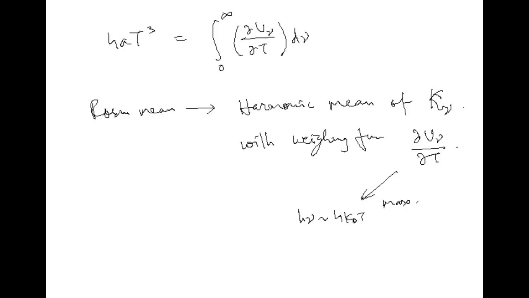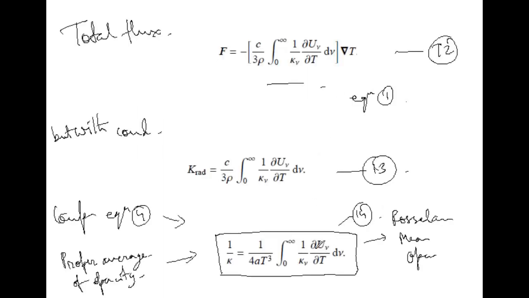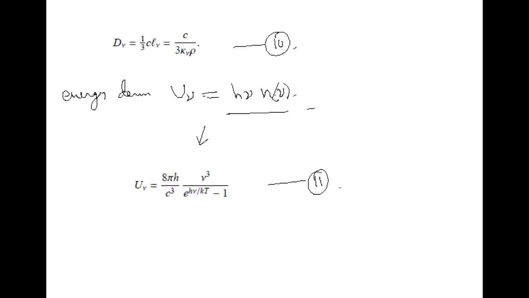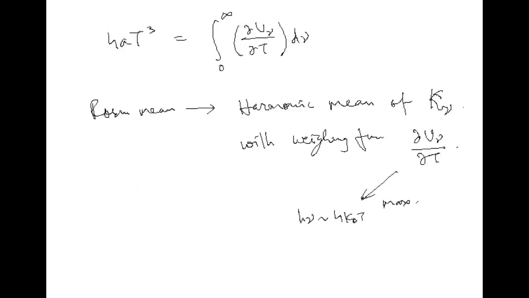Now we can interpret the Rosseland mean in another way as well. You see, the integrand of this equation 14 also appears in equation 9, for this monochromatic flux F nu. And when we combine this with equation 10, we can get the monochromatic flux, right?